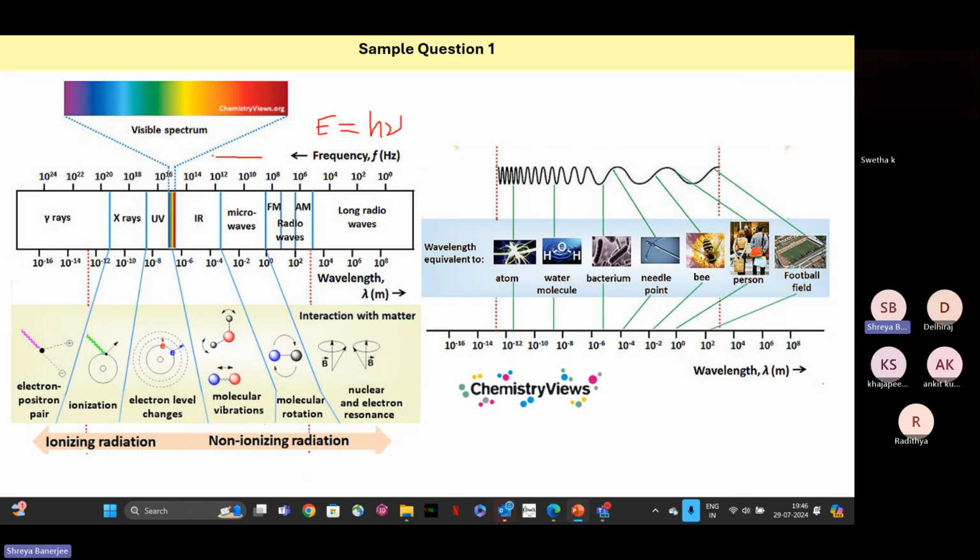So as you go in this direction, the energy of the electromagnetic radiation increases. And in NMR, we know NMR is a very non-destructive method. That is, the sample that you use in NMR is not destroyed in any way, it is not affected in any way. This is because NMR uses radio waves, which has lowest frequency, that is lowest energy.